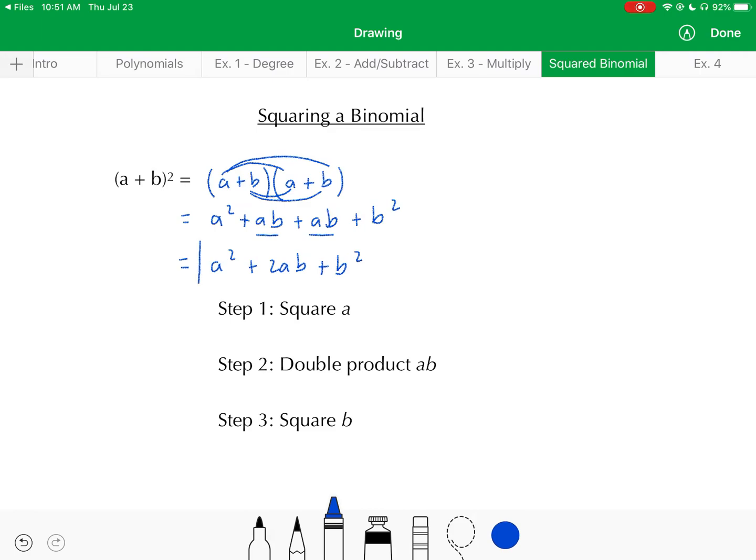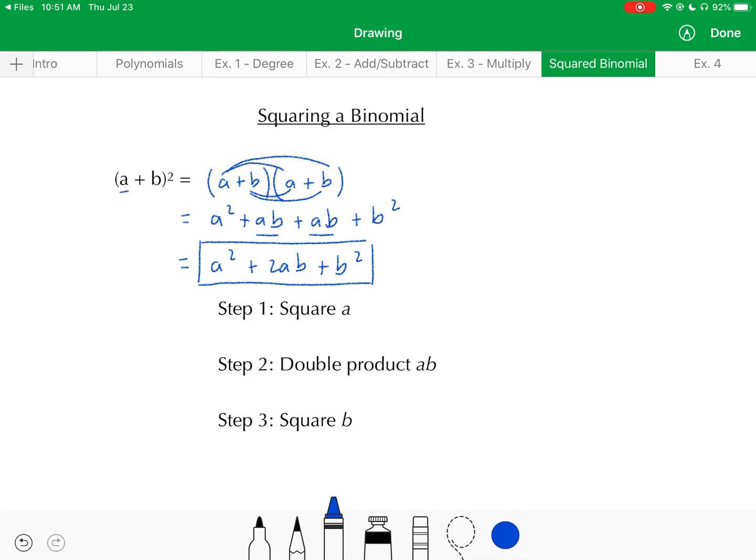Okay. Now, I want you to think of this result like a formula that can be used for squaring a binomial. Okay. So we have to know that when we square a binomial, it's actually going to result in a trinomial. And to get the first term of the trinomial, you're going to simply square a.